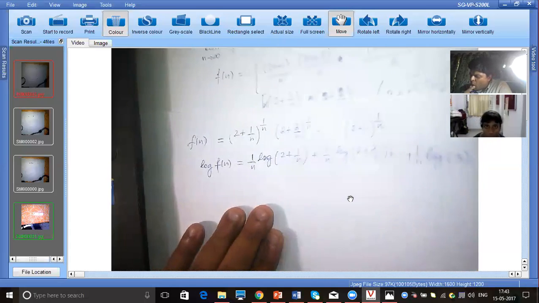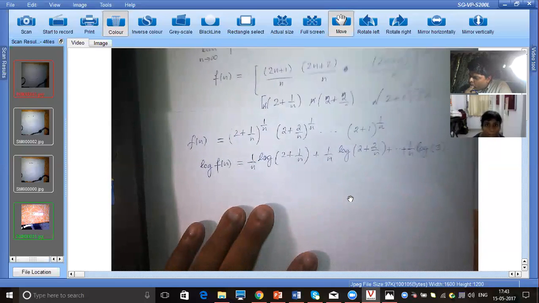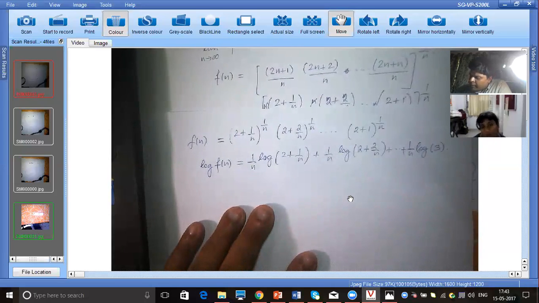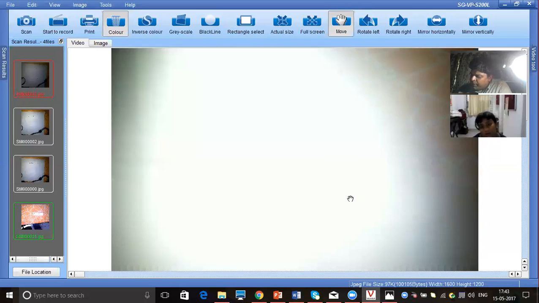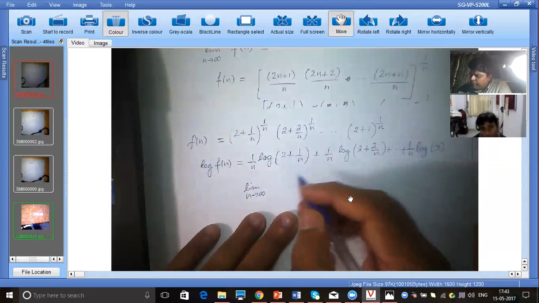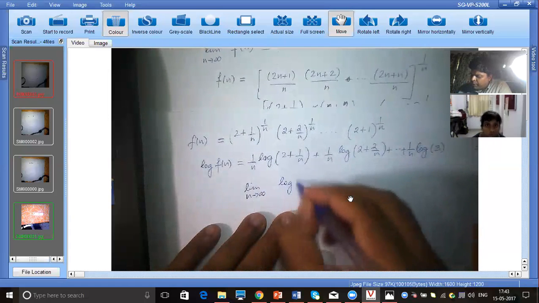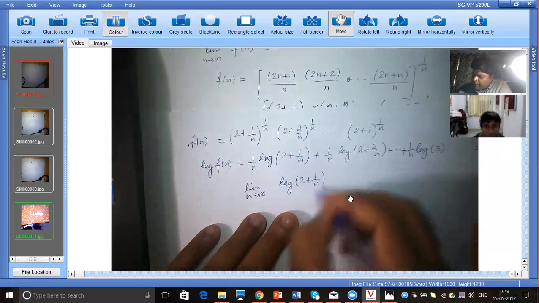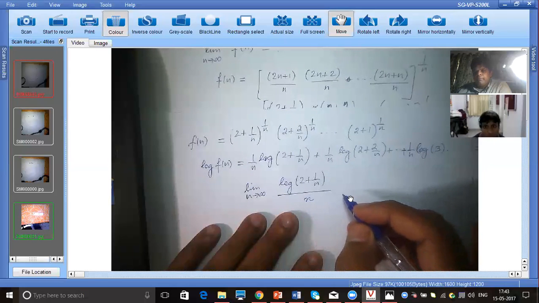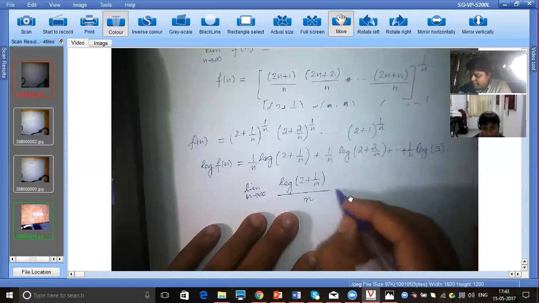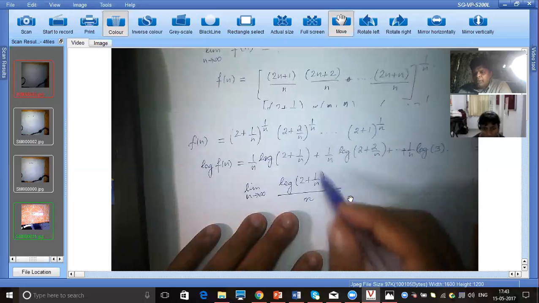Now in the limit as n goes to infinity, we want to find what log of 2 plus 1 by n, divided by n, is equal to.